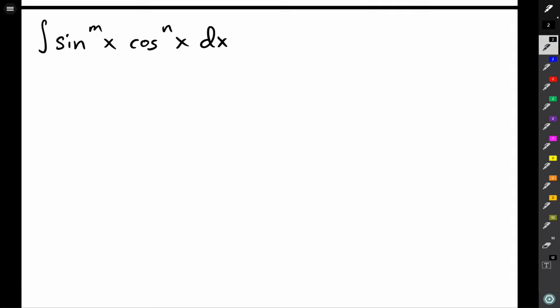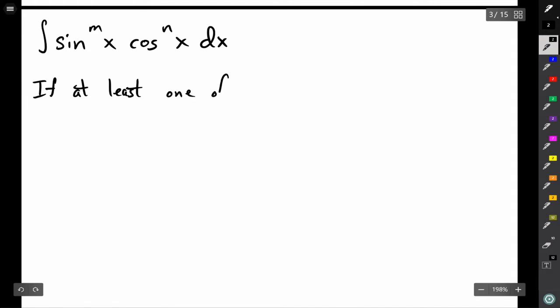As long as at least one of m or n is odd, we just pull off one copy of that function, sine or cosine, and do the substitution.